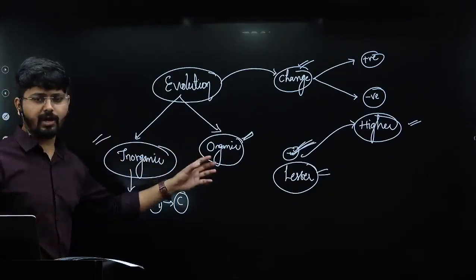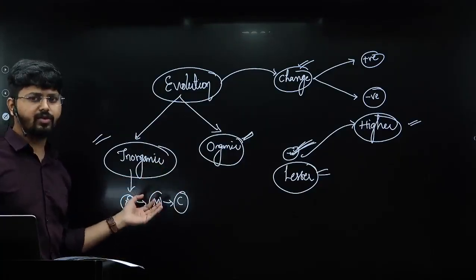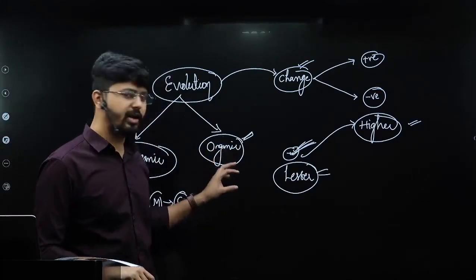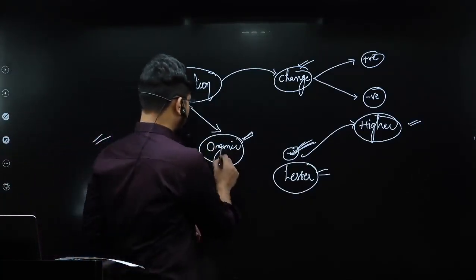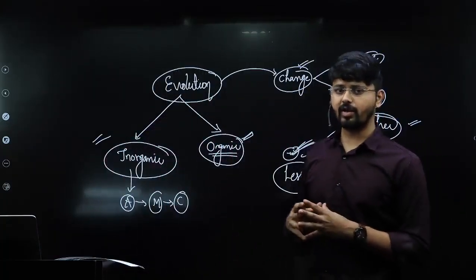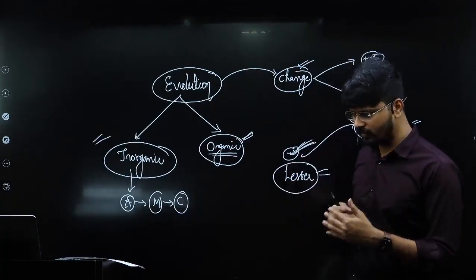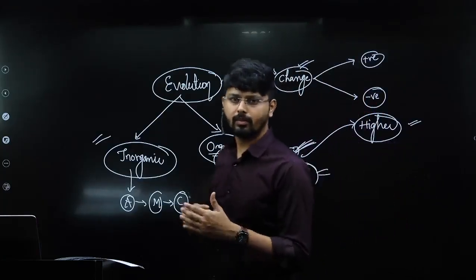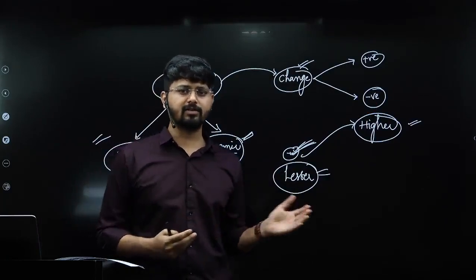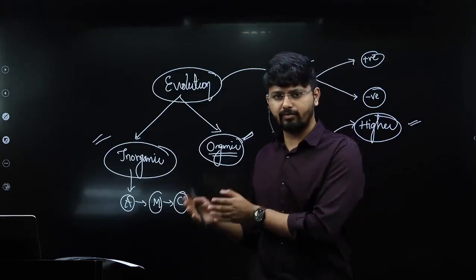Whereas in terms of organic evolution, there are various definitions and theories that have come up. What is organic evolution? We need to look at that. The knowledge we have is an accumulation and development of theories put forth by different people. First somebody gave a certain theory, then the next group came and found the flaws in the first theory.